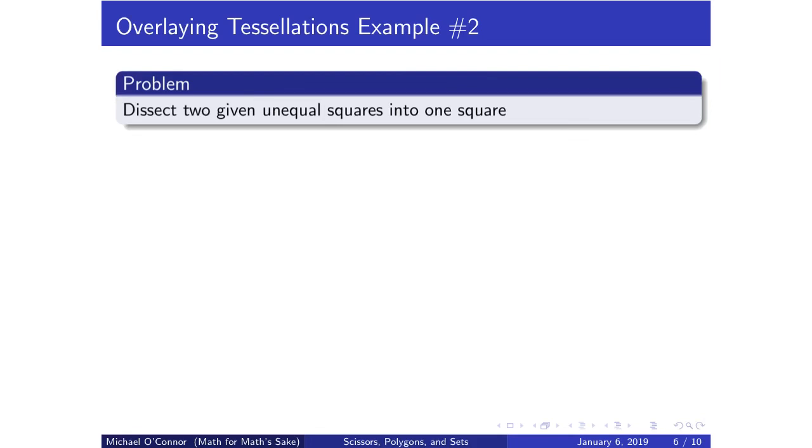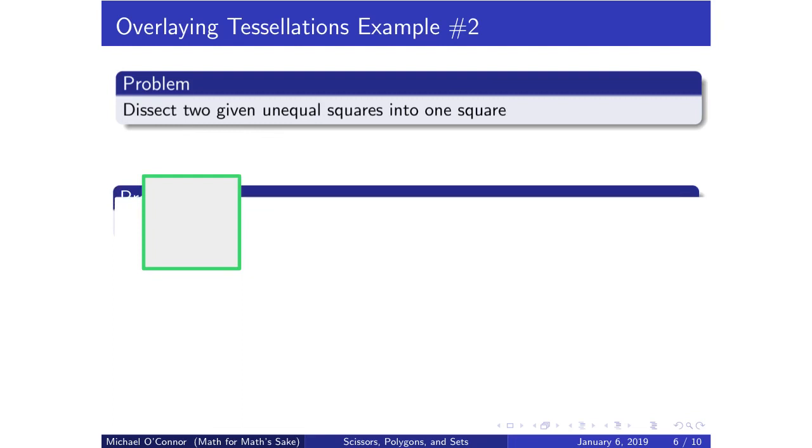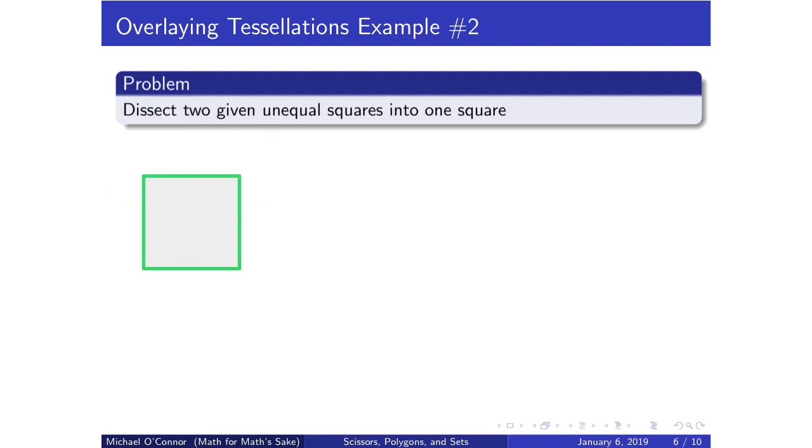Okay, so, yeah, you can actually generalize this slightly to just give a dissection of any 2 given squares, which may be unequal, don't have to be, into 1 square. So let me do this here. Let's take, I guess, 2 square-like things.